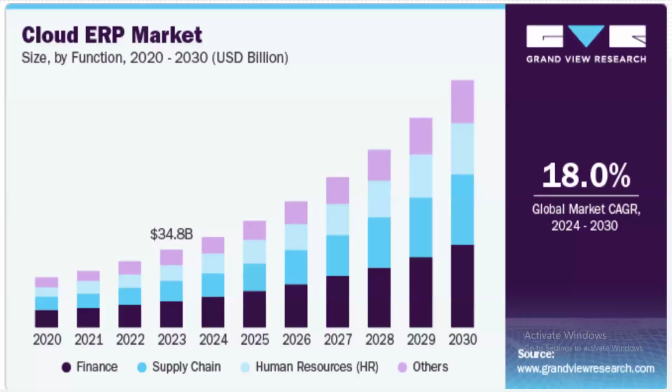If you look at the future, from 2020 to 2030, we have seen a lot of growth in applications, especially ERP applications. Compared with now, in 5 years the growth will double.